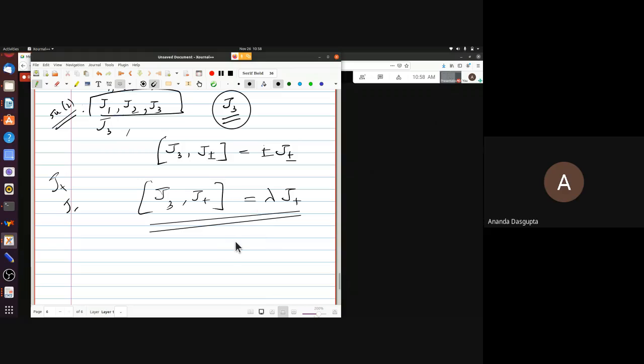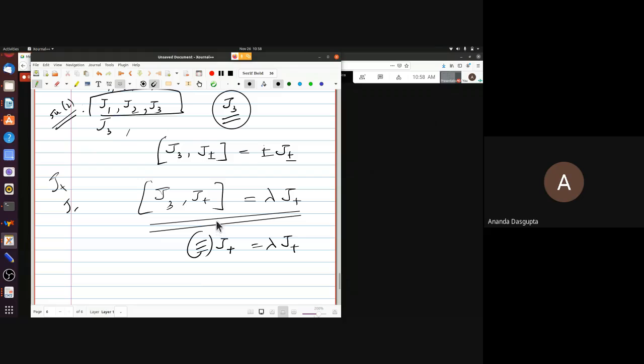If you had that, then you would say neatly that this is an eigenvalue equation, right? Is that okay? If there were an operator acting on J plus to produce lambda times J plus, then it would have been an eigenvalue equation.